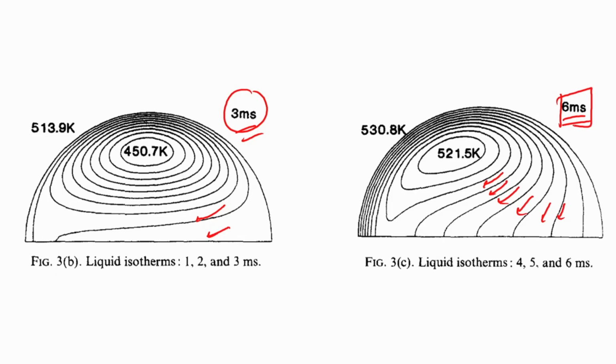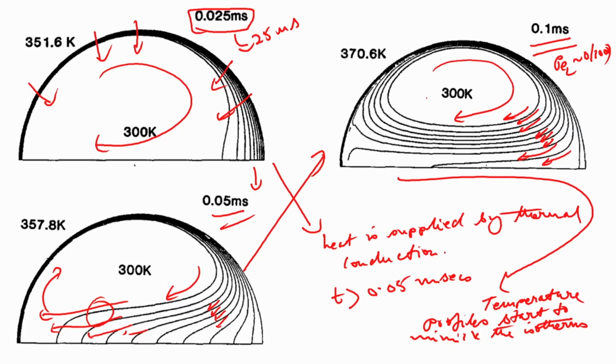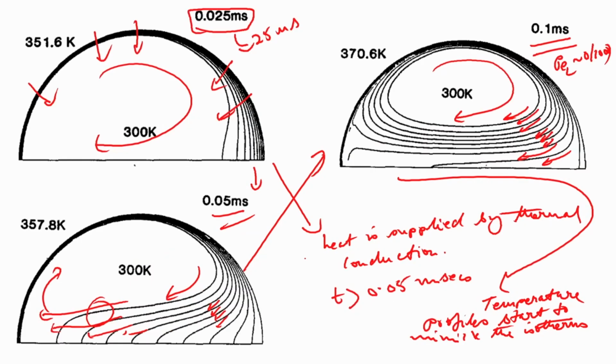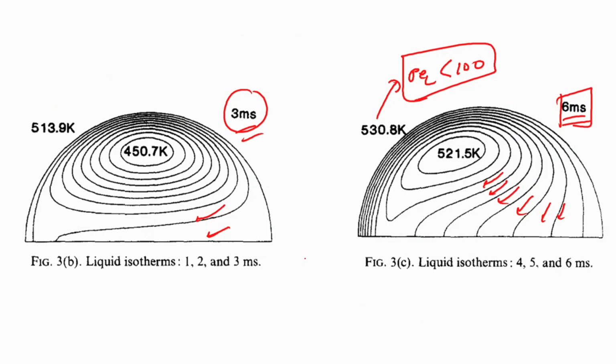You can see that at this particular point your Peclet number falls below 100, which you can see over here also. So, this is 5 milliseconds, that is the point. After 5 milliseconds your Peclet number has already fallen below that 100 mark. As it starts to fall, you see that the streamlines have now started to show the reverse transition.